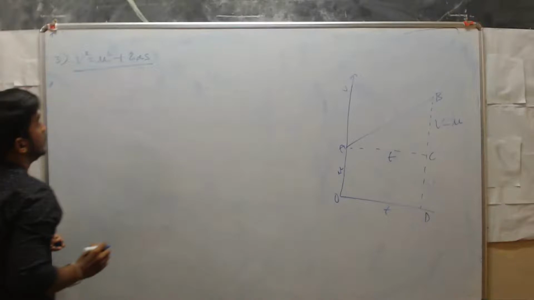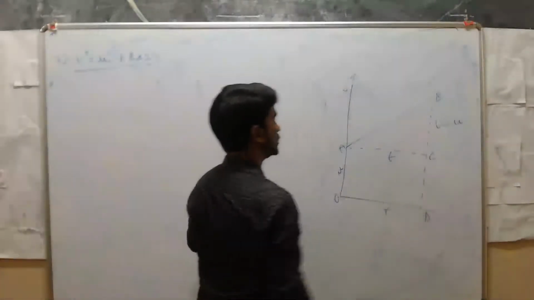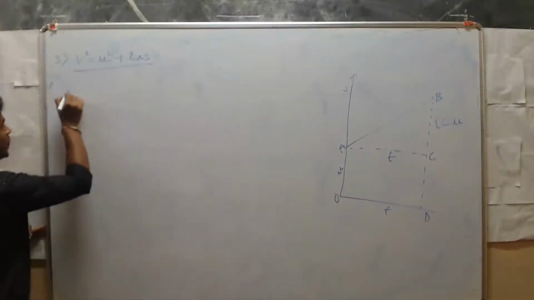Once again the same. So below that line, area of OABCD equals the distance or displacement, right? Once again the same, students.